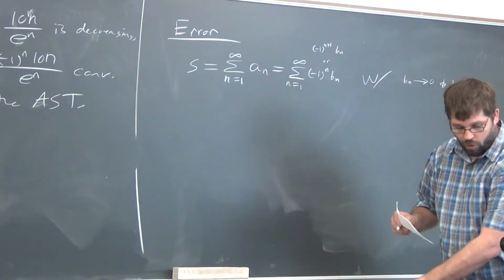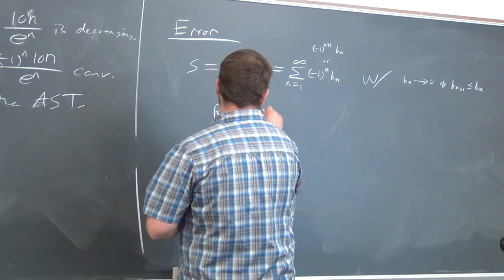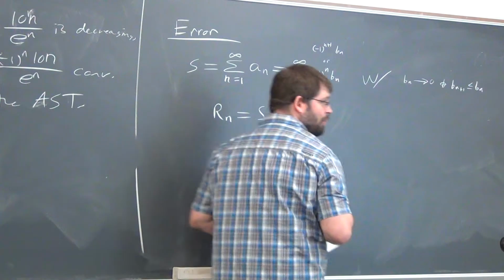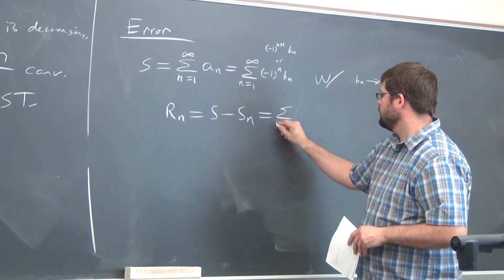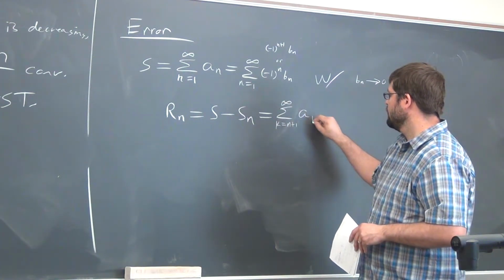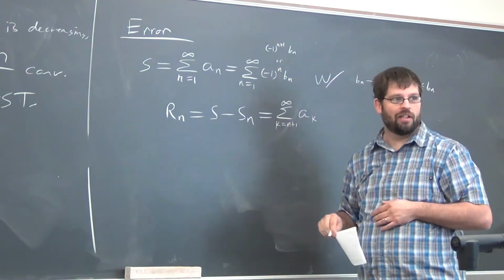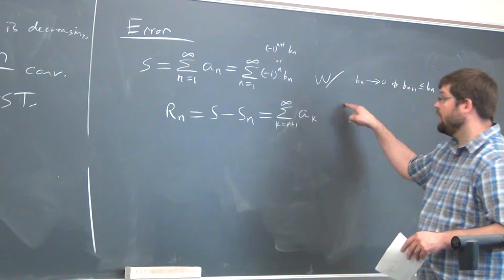And so if you remember, what was the remainder? The remainder was just s minus the nth partial sum, and so that was just your sum from n plus 1 off to infinity of those terms, right? So it's sort of the trailing edge of your series.